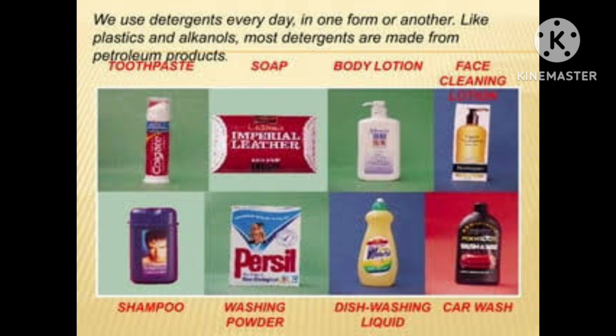One may be sodium or potassium and the other will be stearate. Sodium and potassium are the cation, and stearate is the anion. In any salt, two parts are there, cation and anion. Cation is positively charged, anion is negatively charged.